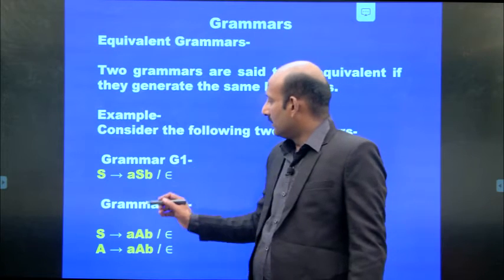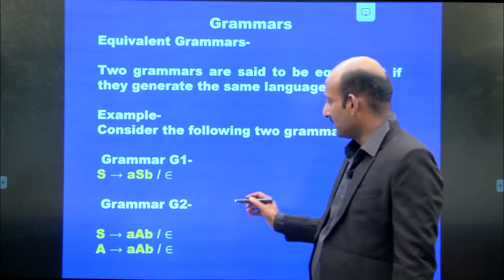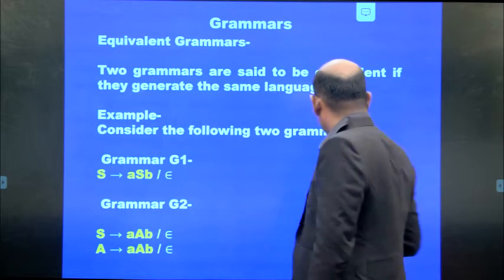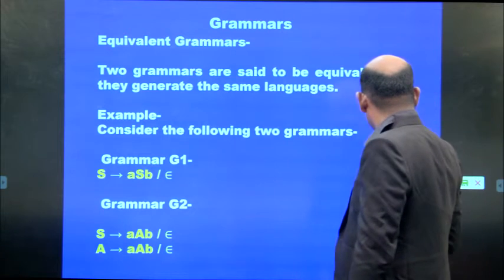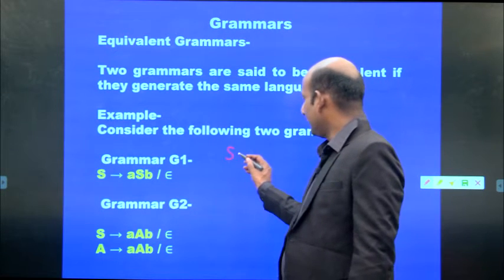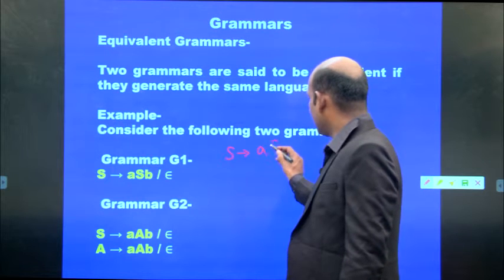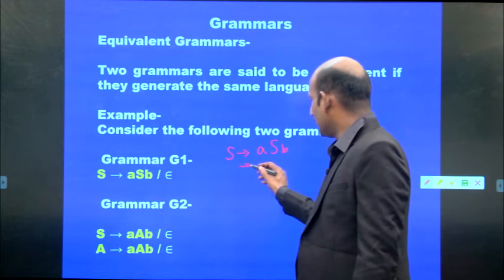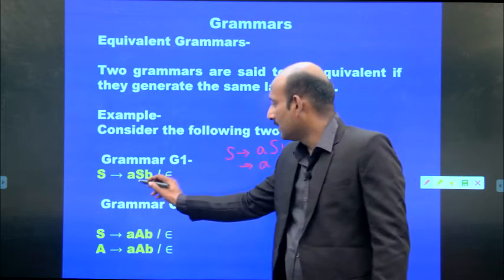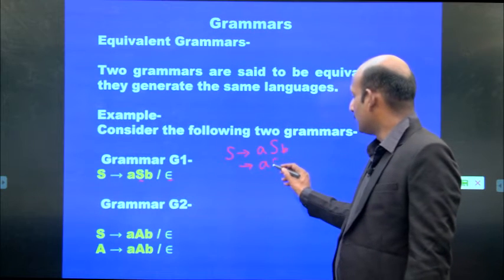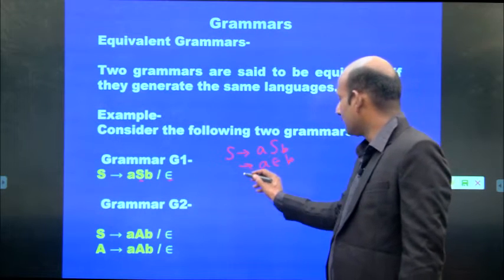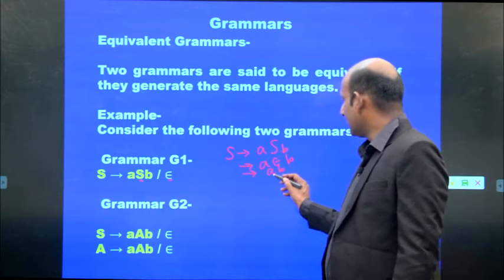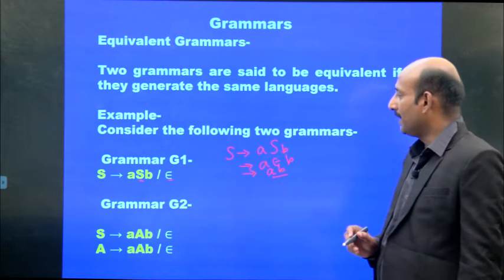First we will substitute these productions. Take the first grammar, S tends to ASB, and replace S by epsilon. So A epsilon B, where epsilon denotes the empty string, gives the string AB.